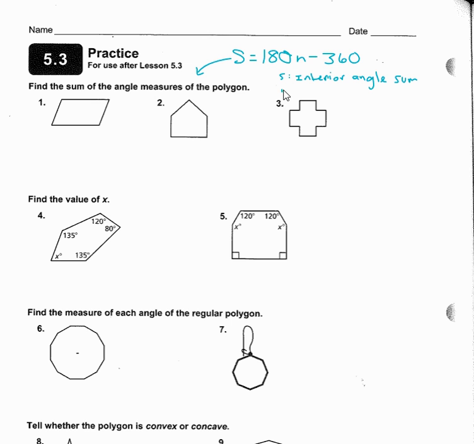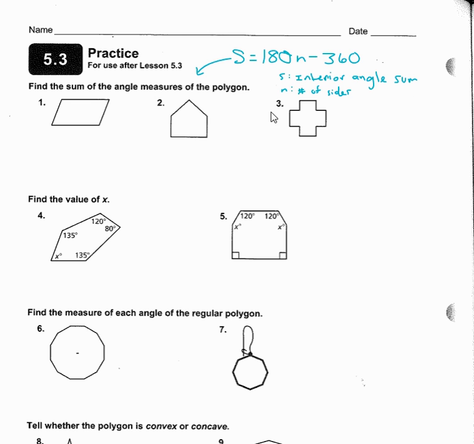And n is the number of sides. All right, so I need to plug in the number of sides for n, and then solve, and I will get the interior angle sum, and that's what we're asked to do on this one.